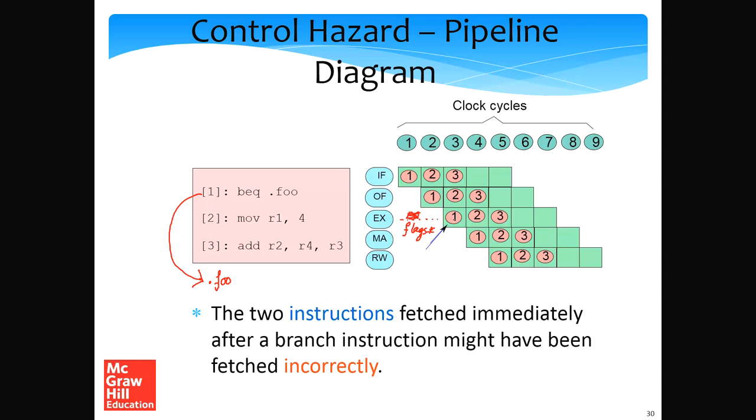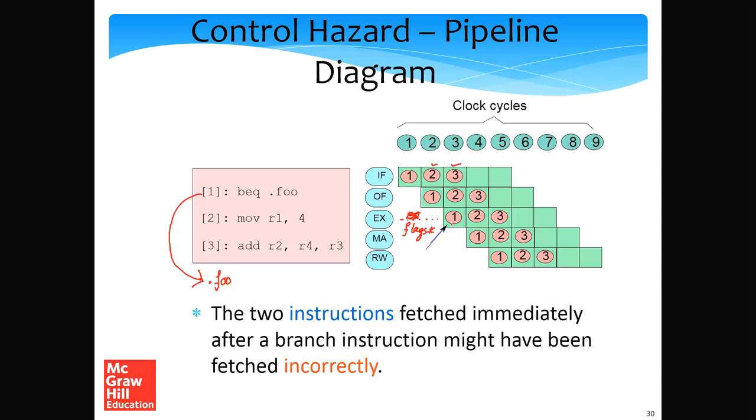The problem that happens is that at this point, if the branch is taken, then instructions 2 and 3 were fetched incorrectly. Because in the second cycle, when instruction 1 was in the OF stage, instruction 2 got fetched, so it entered the IF stage.